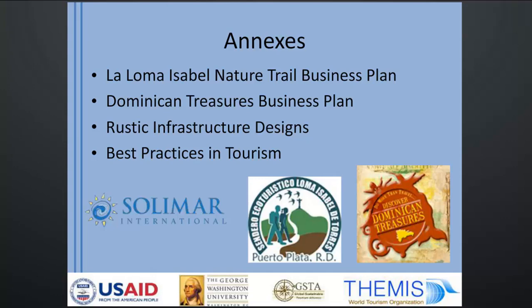So the participants have a chance to actually look at a completed version of a business plan, one that includes both a small community tourism enterprise called Loma Isabel in the Dominican Republic, as well as a larger network of multiple tourism enterprises that is more of a sales and marketing network and represents a slightly different version of a tourism enterprise concept.